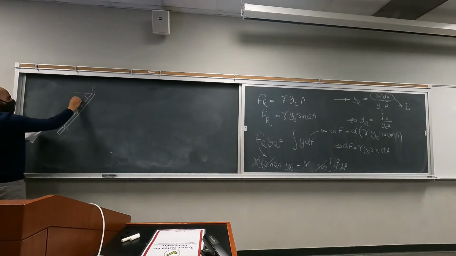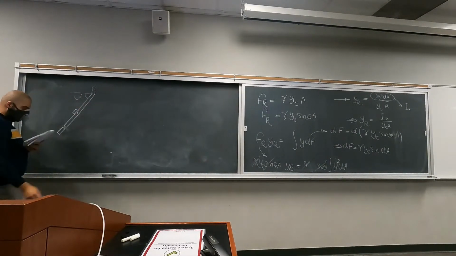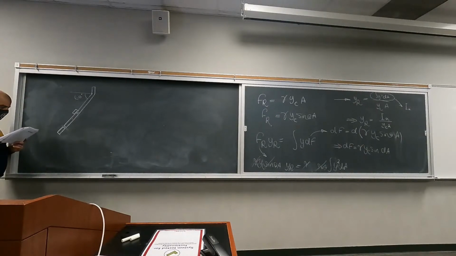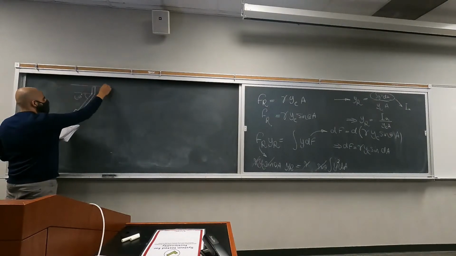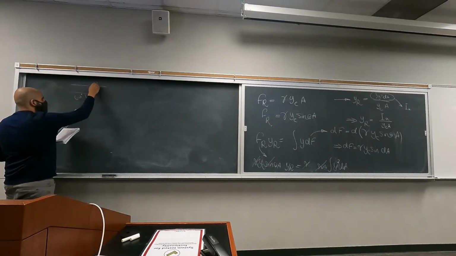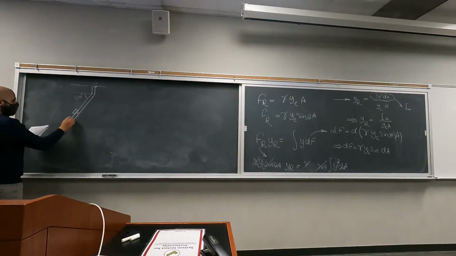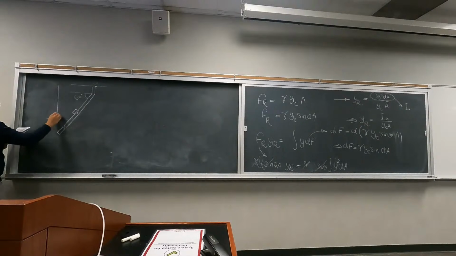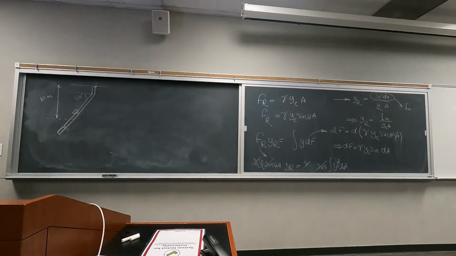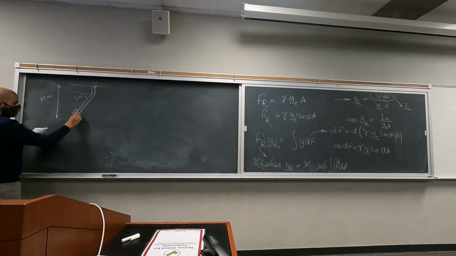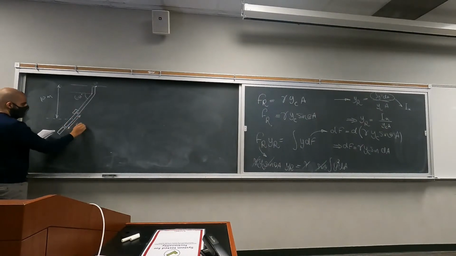You have the angle theta, 60 degrees, which is going to be the center of your coordinate system. This depth here is 10 meters. The length of this plate, this door, is 4 meters.